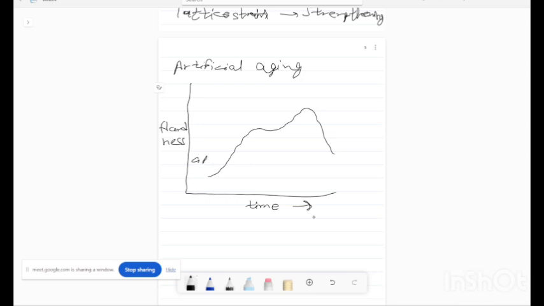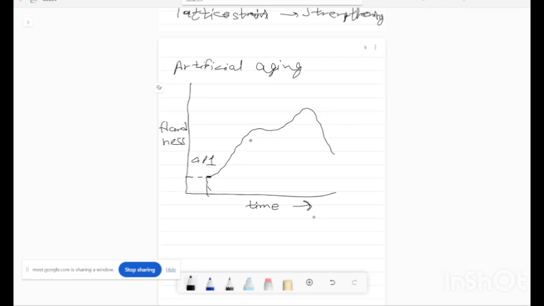GP zones are formed. The curve starts from here because the alloy has certain hardness in the supersaturated solid solution condition. So first, with initiation of the clustering of atoms, GP1 zones are formed.